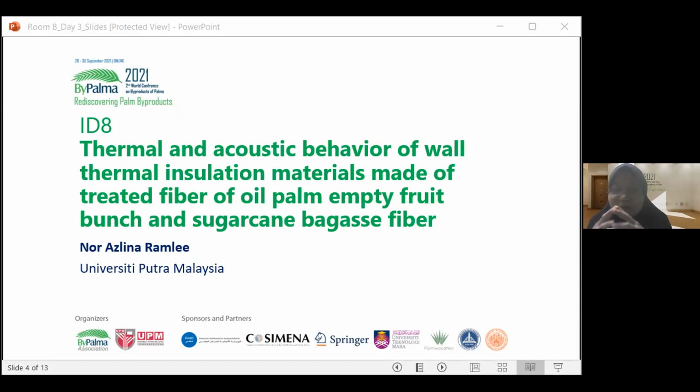We investigate them in separate chapters, so the density is in another chapter, because it relates to the next step for the wall thermal insulation. It's already complete for the density topic, but it's not in this conference.